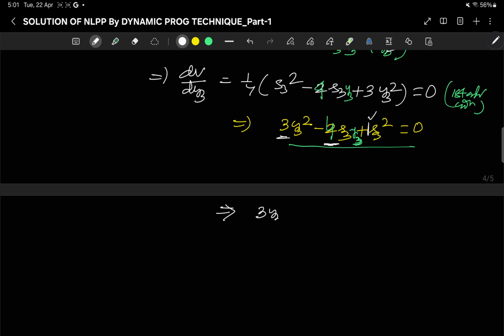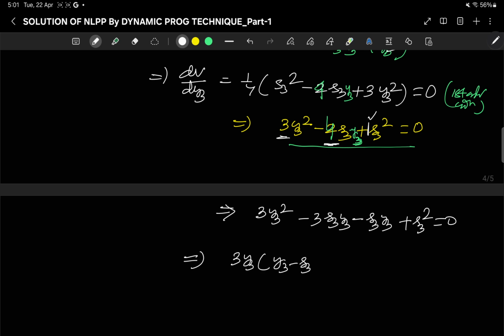So 3y3 square minus 3 s3 y3 minus s3 y3 plus s3 square is equal to 0. Taking 3y3 common and s3 common, we get (y3 minus s3)(3y3 minus s3) is equal to 0.